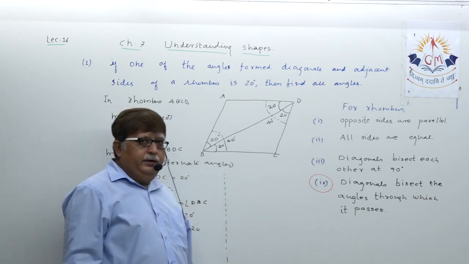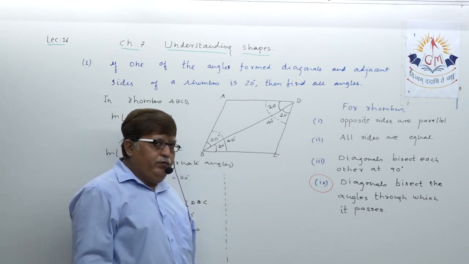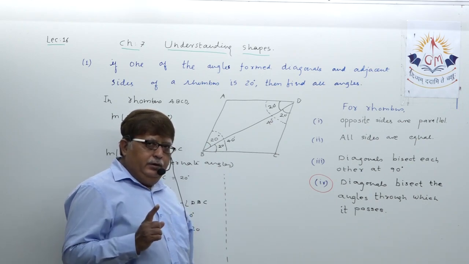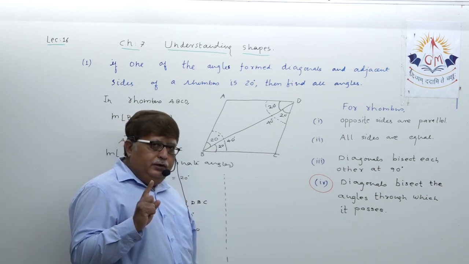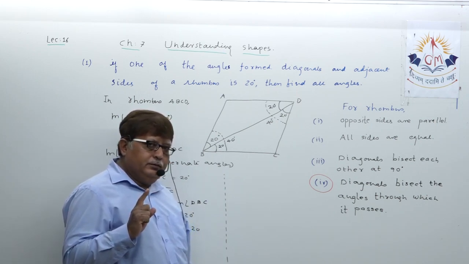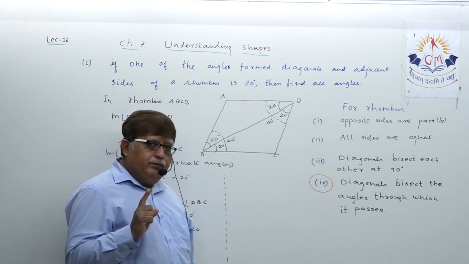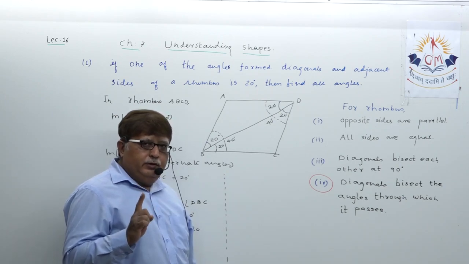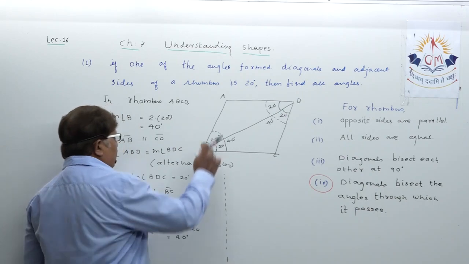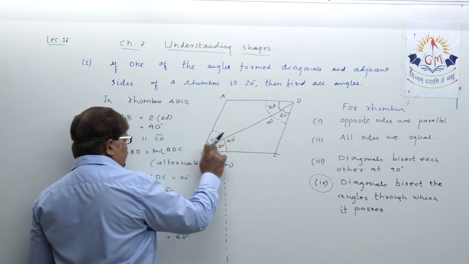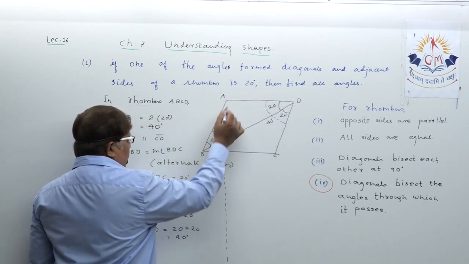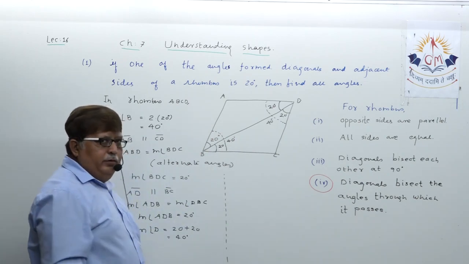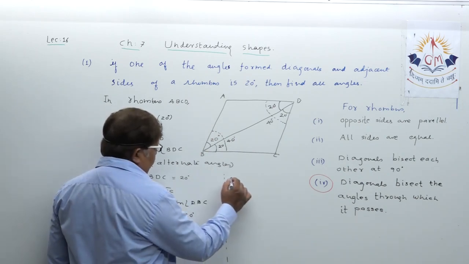Now try to understand one very important fact, that in every quadrilateral except a trapezium, a pair of adjacent angles are always supplementary, that you know. So A and B as well as B and C, C and D, D and A, whatever you can take, A and B are going to be supplementary angles. So should I write this way?